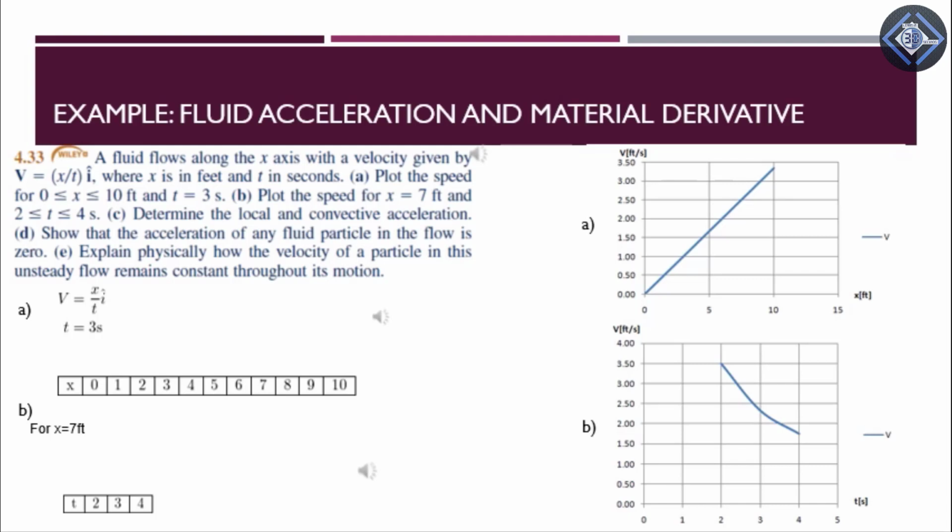You can see the speed being plotted on your screen. So for both parts A and B, we have the plots. We can see that if we are traveling along x, if x is increasing, the speed is increasing. But if we are at a fixed location in x and the time is increasing, the velocity is decreasing.